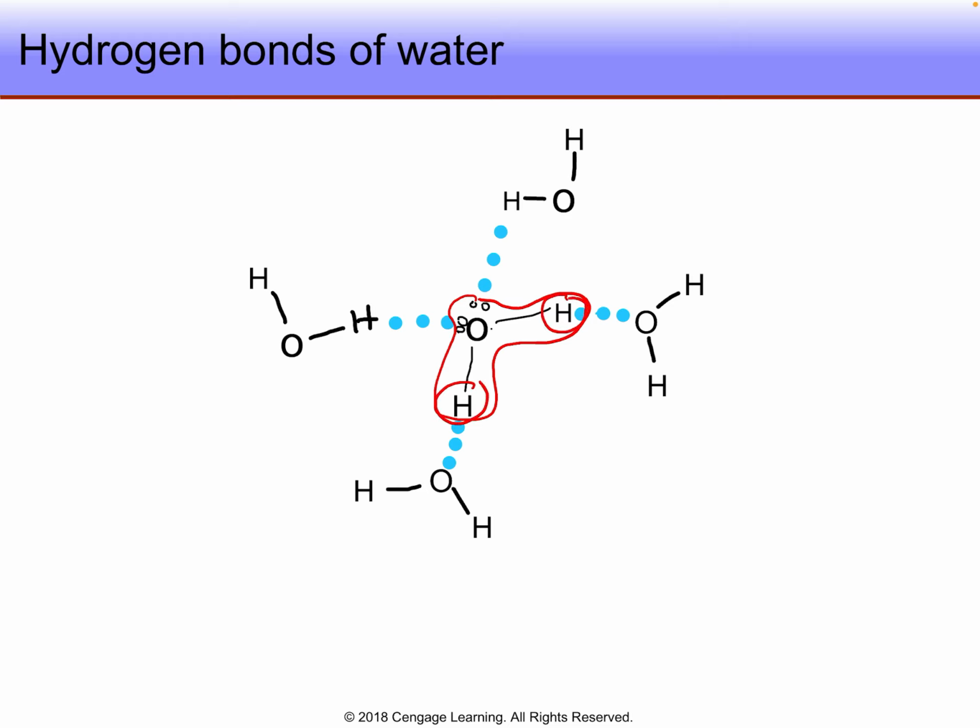And then the unbonded pairs of electrons are hydrogen bond acceptors. So acceptor, oops, that's not spelled right. Acceptor, donor. So each water molecule can accept two hydrogen bonds and donate two hydrogen bonds.